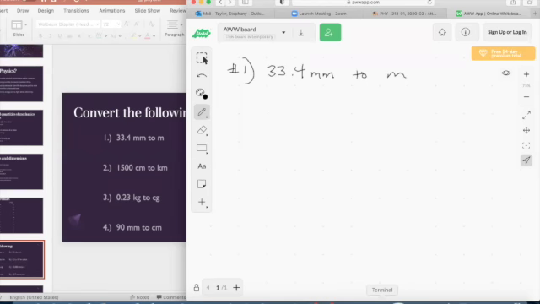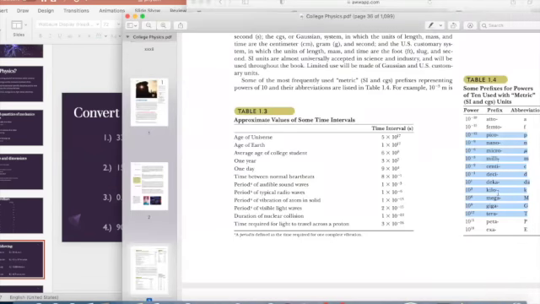First, let's do the longhand version. We're starting with 33.4 millimeters, and we're trying to convert to meters. If we go back to that table, we'll know that even though the base of what we're talking about is meters, the prefix is milli, which is 10 to the minus third power.